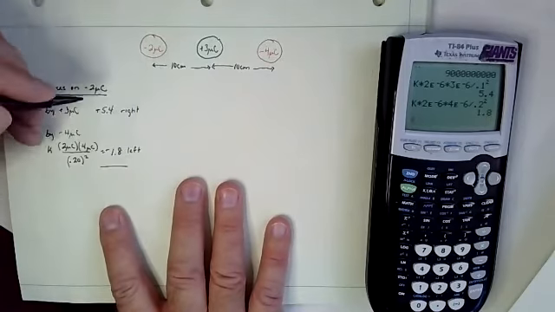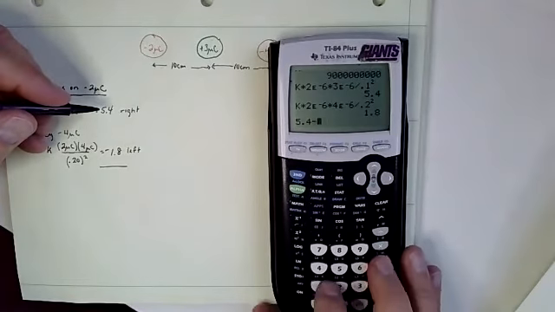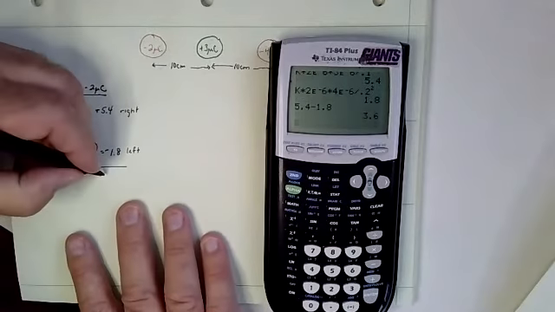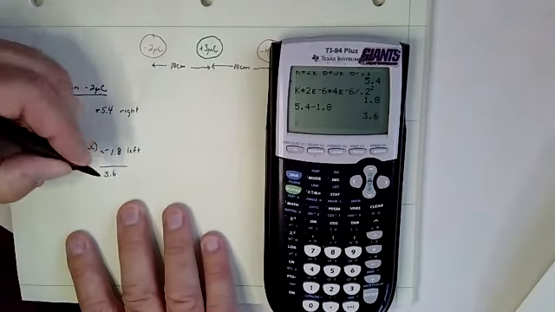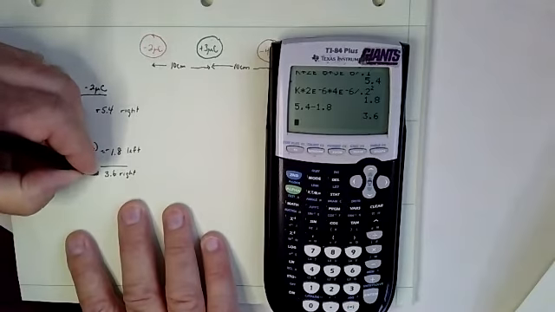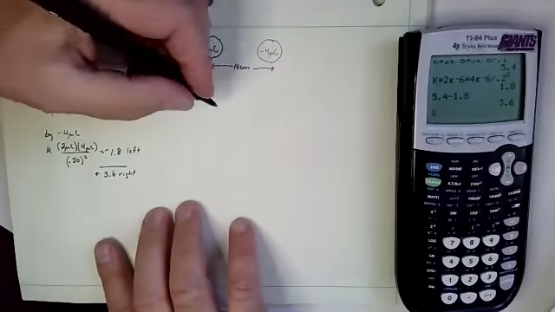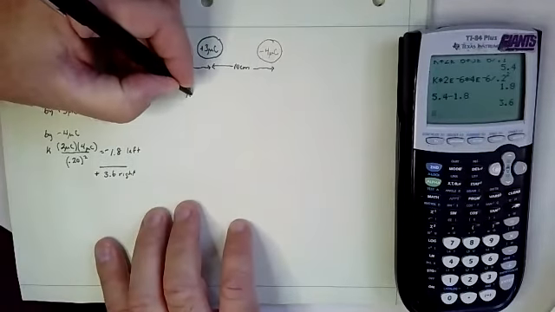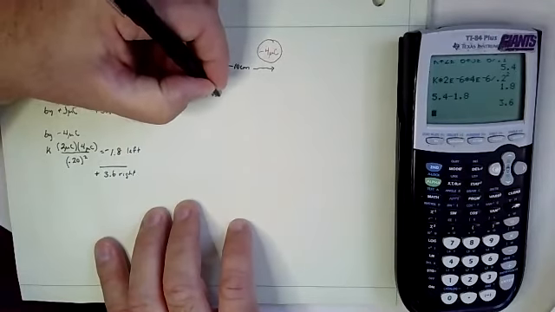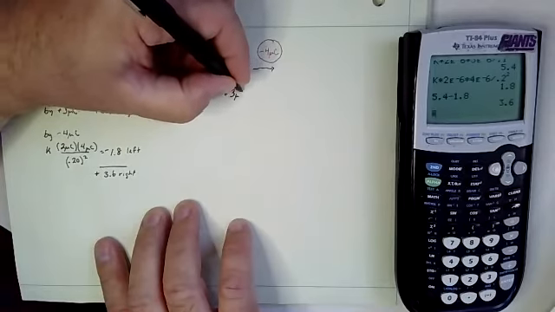And then our total is now 5.4 minus 1.8. So the force by the middle charge wins. And so 3.6 to the right. And I'm positive about that. Okay, so now let's try forces on the positive 3 microcoulomb.